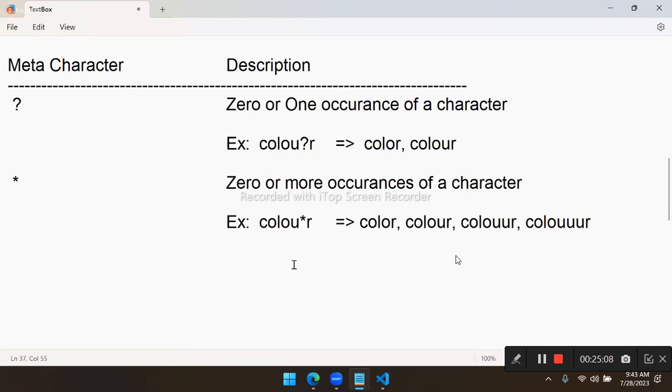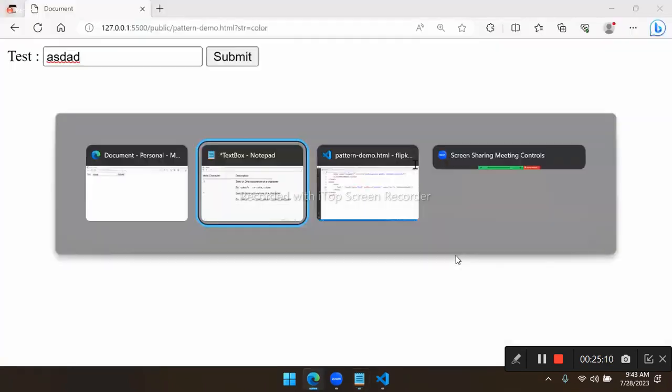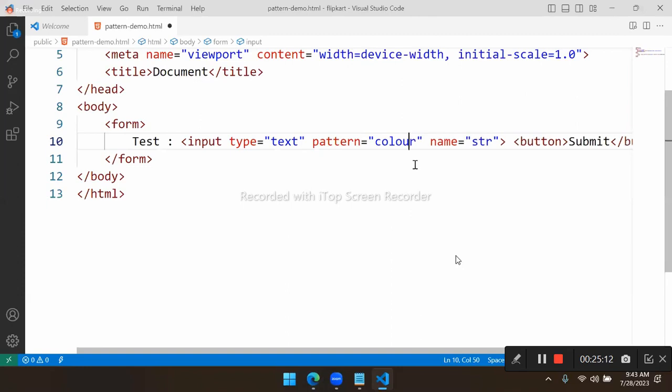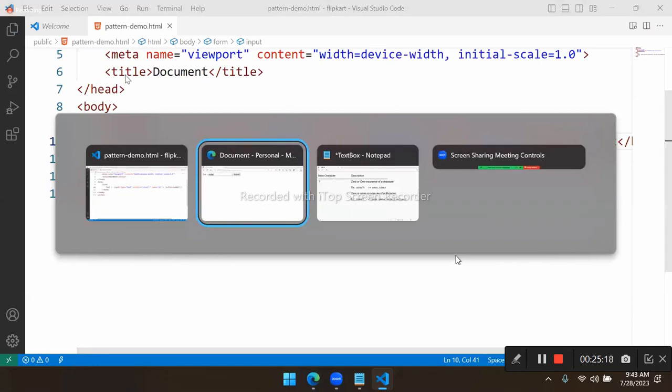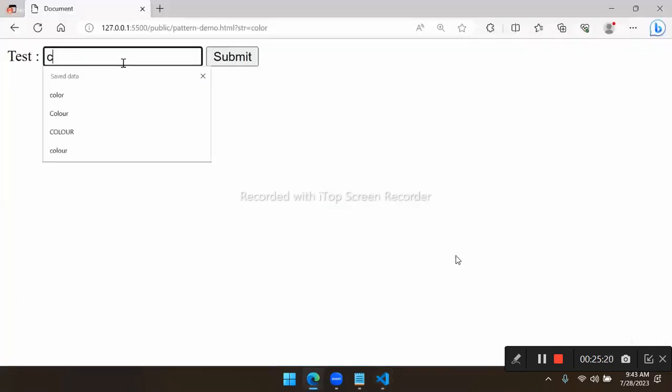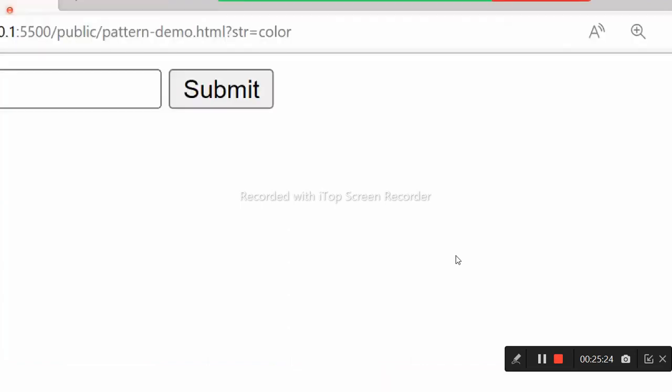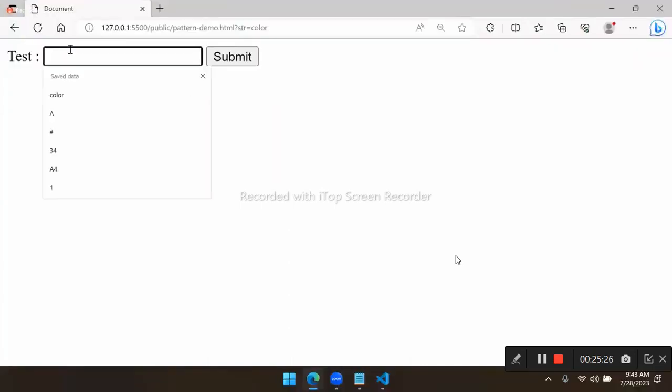So you see now, this time instead of the question mark, I define an asterisk. Now I am typing COLOR, that is valid, it's submitted. I am using COLOUR, that is also submitted.